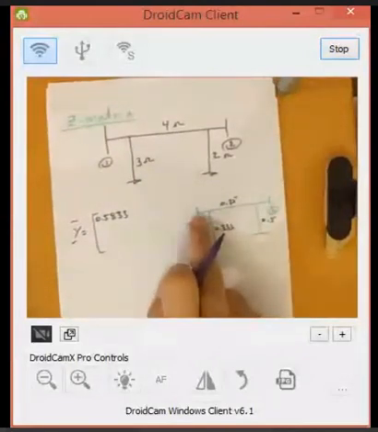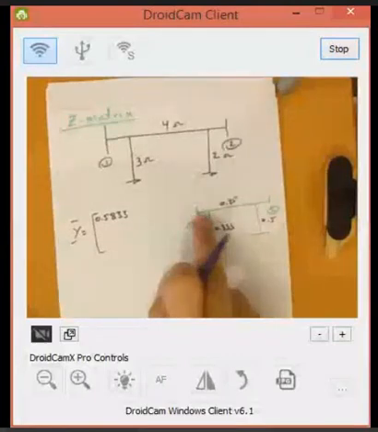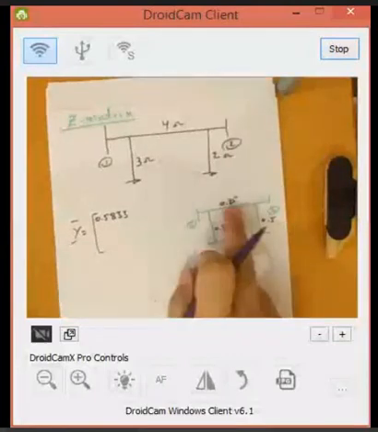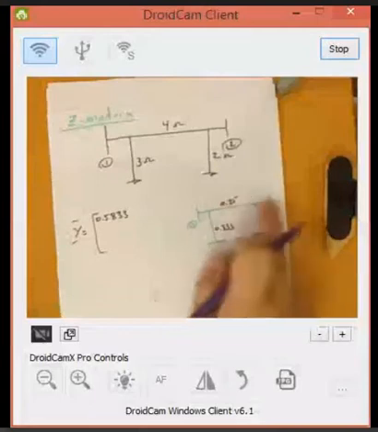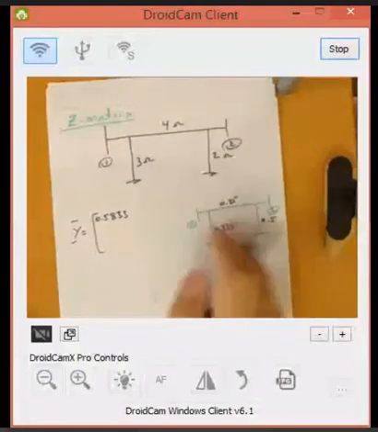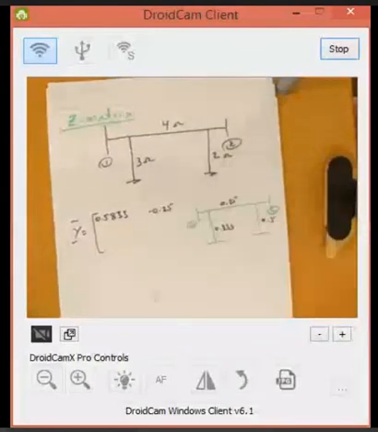Minus the common with the other, this is common with path number 2, so minus 0.25. At this path we have 0.5 plus 0.25, so it is 0.75. And common with the other, this is minus 0.25. So this is the Y matrix.